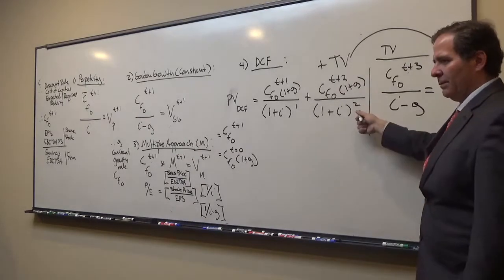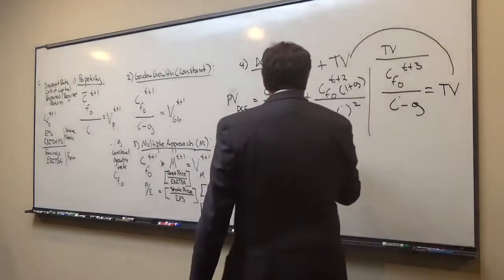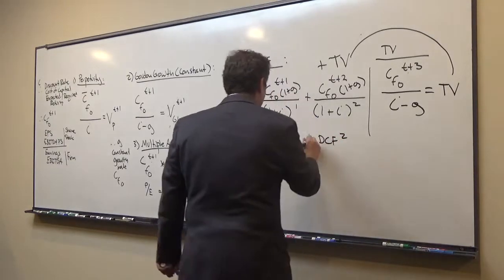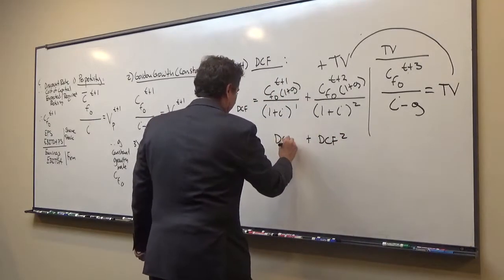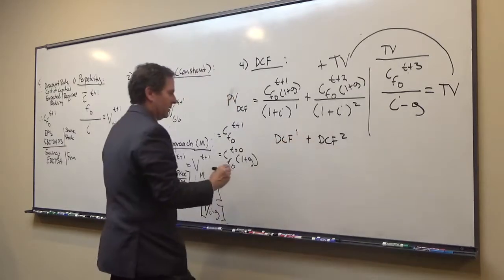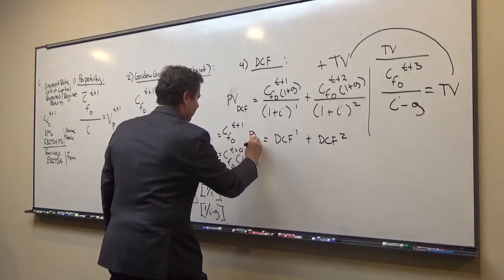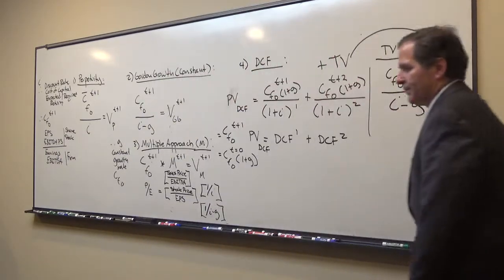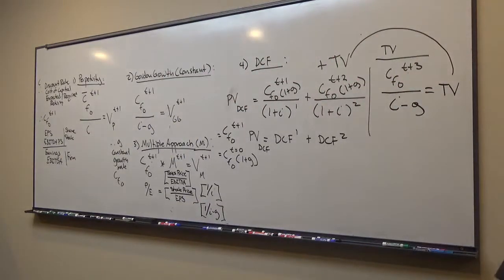And then I discount it by the discount factor to get the discounted cash flow for year 2. DCF for year 1 equals present value DCF. So that's kind of how I do it.